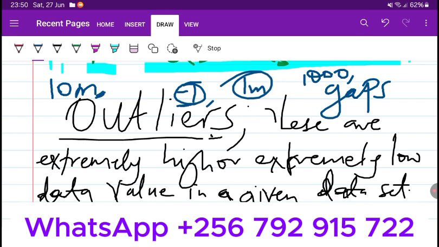But in a question, it is a little bit hard for you to identify these values.